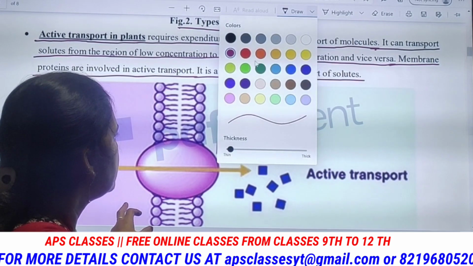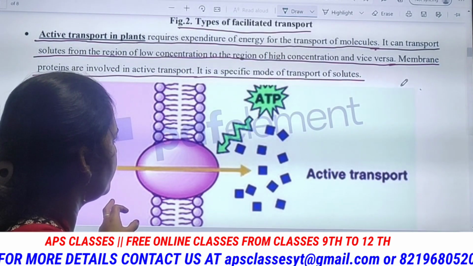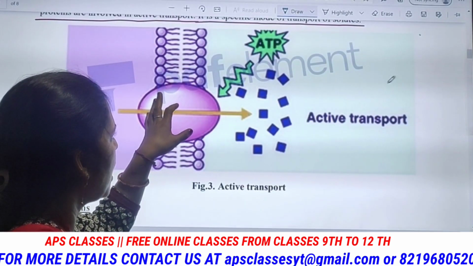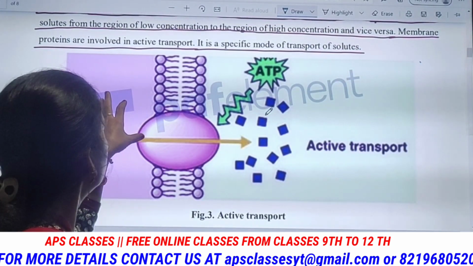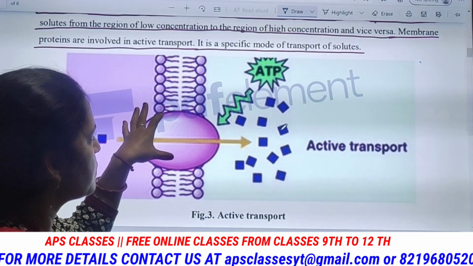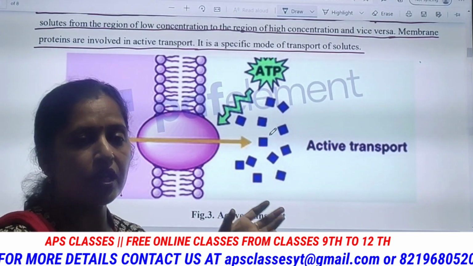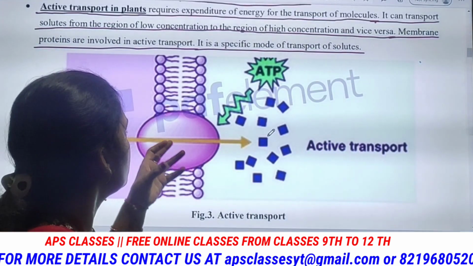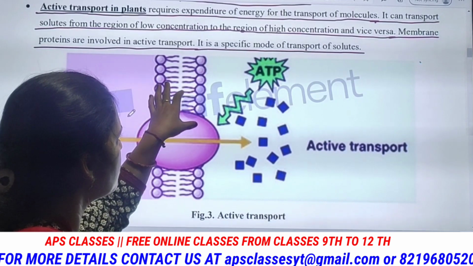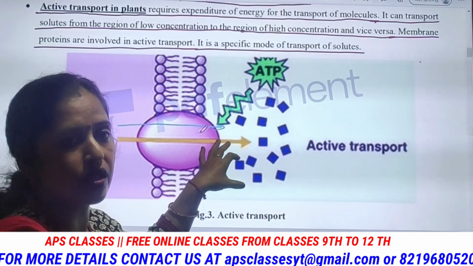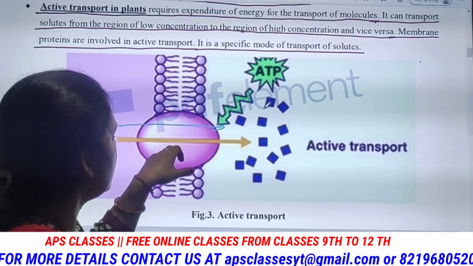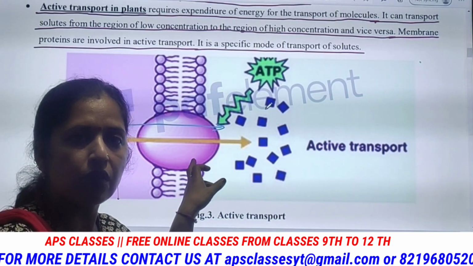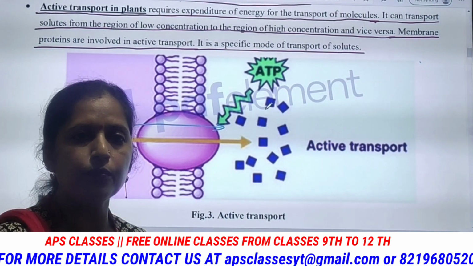Next is the diagrammatic representation of active transport, how active transport takes place in this process. In active transport in plants, there is the transport of the solutes from the region of lower concentration to the region of higher concentration and vice versa. And membrane proteins are involved in the process of active transport, especially membrane proteins only.